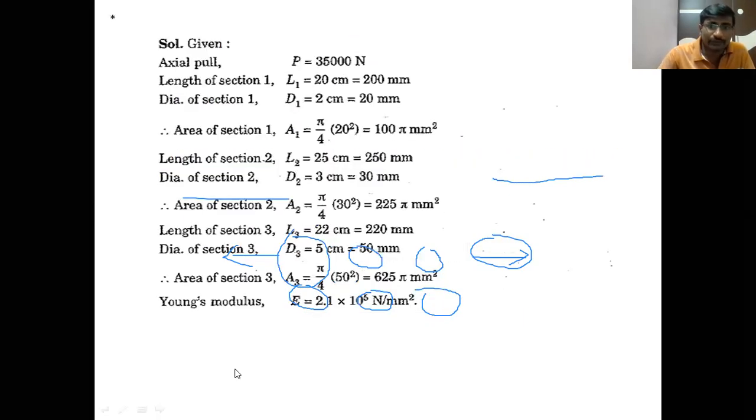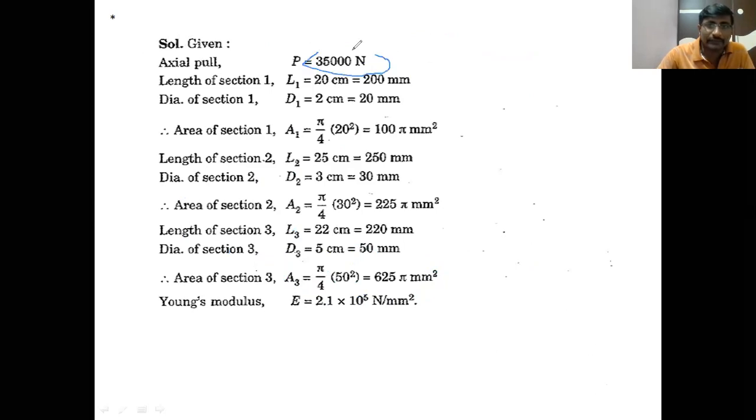So coming to the solution, the axial pull on the member is 35,000 newtons. It is in the problem. The length of section 1 is 20 centimeters. We have to convert it into millimeters. 20 centimeters is equal to 200 mm. The diameter of section 1, D1, is given as 2 centimeters.